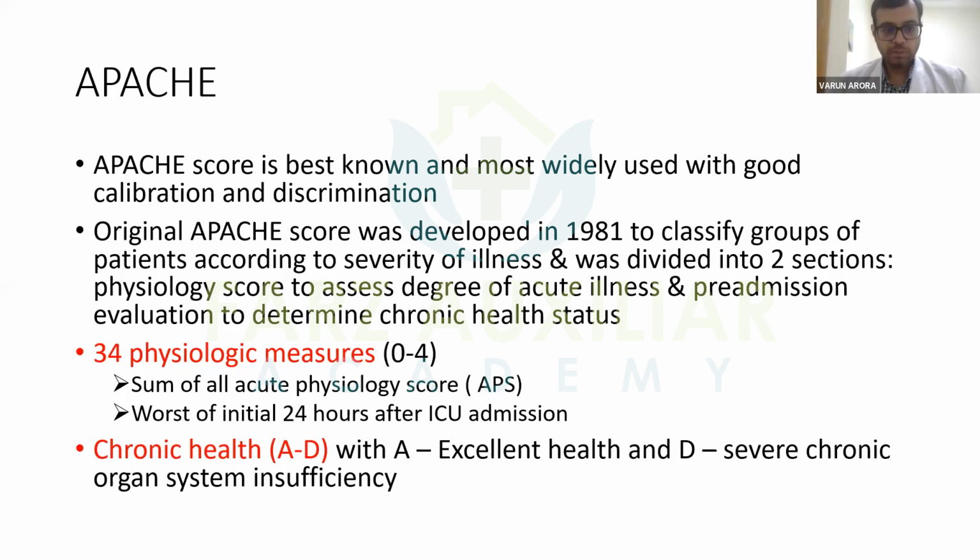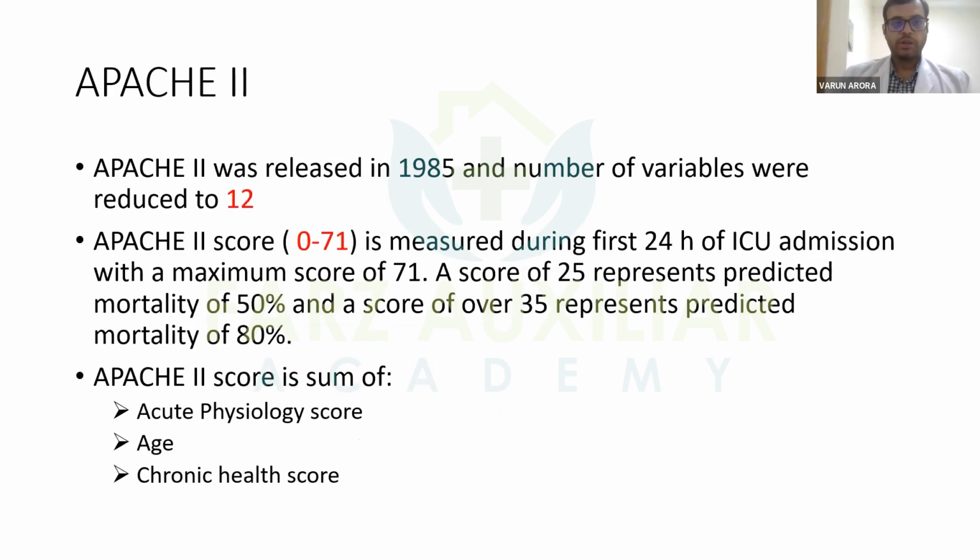Then we take the sum of all acute physiological scores, and the worst of the initial 24 hours after ICU admission is taken as the final score. Chronic health is graded from A to D, with A being excellent health and D being severe chronic organ system insufficiency.